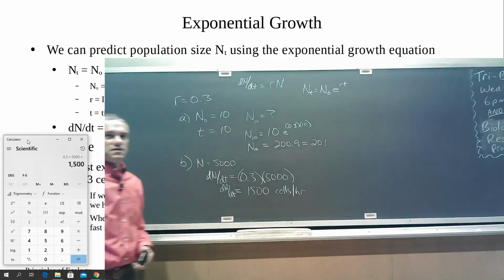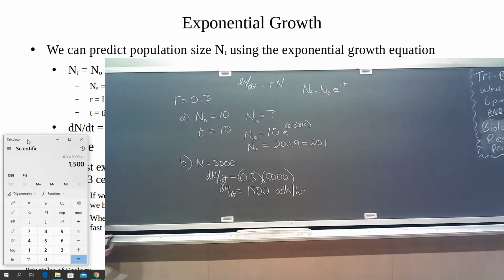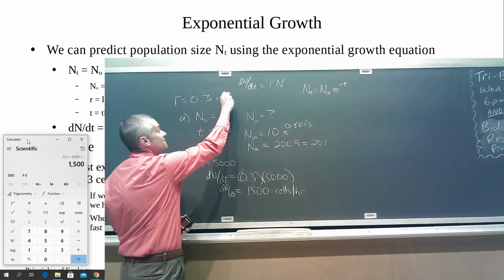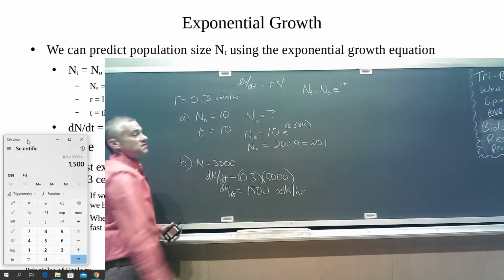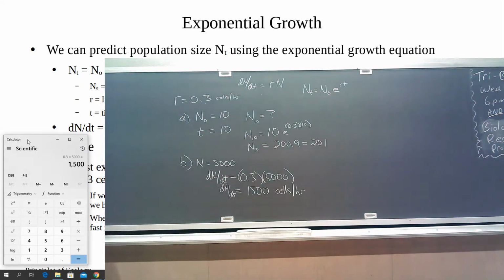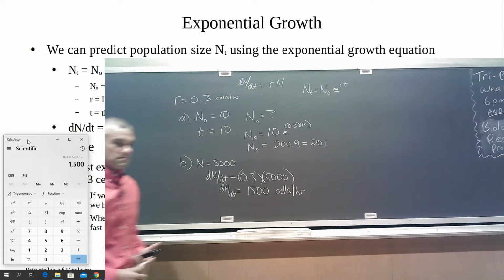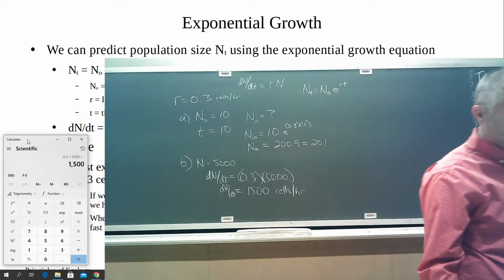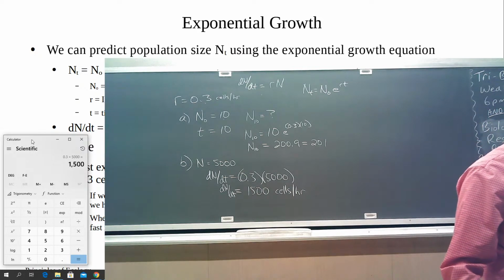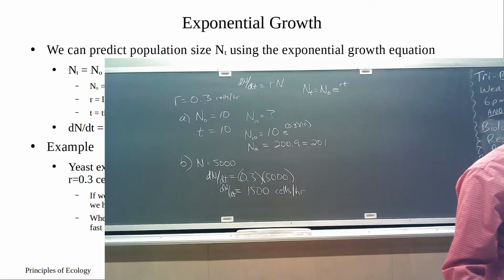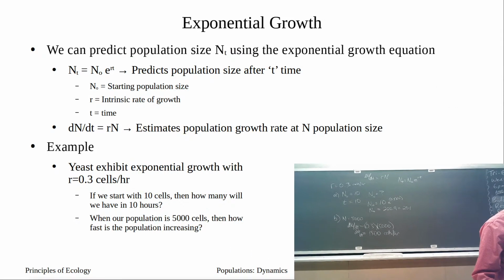And if I use my units, this is cells per hour because that is the units of our R. Questions? Plenty of examples out there. And I will have some, and I'll show you those when we finish up this lecture.